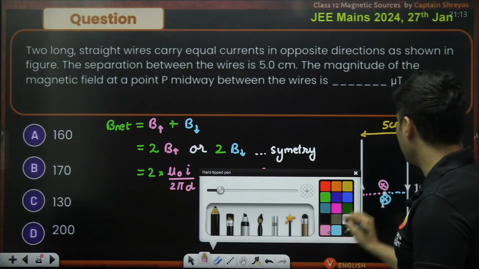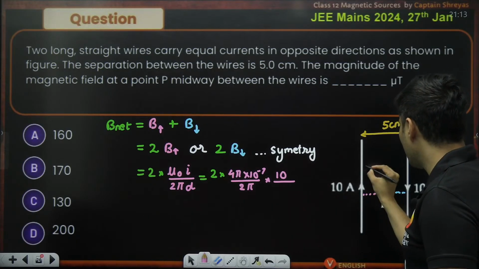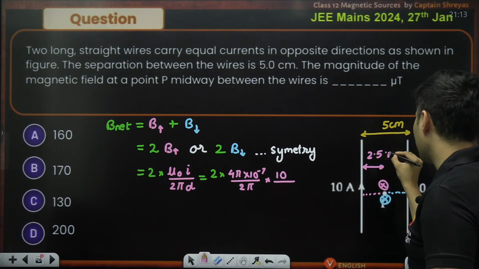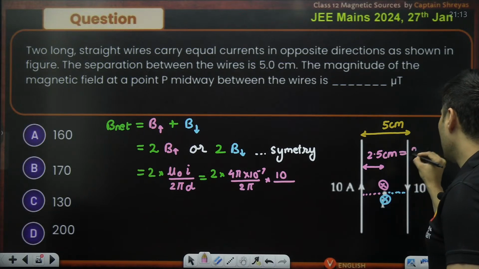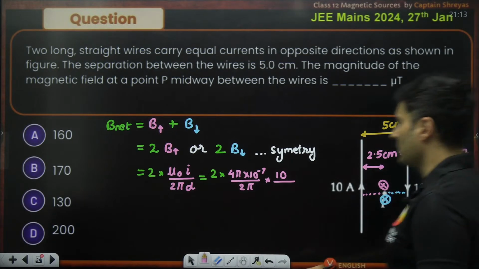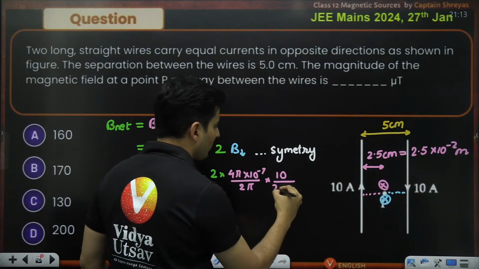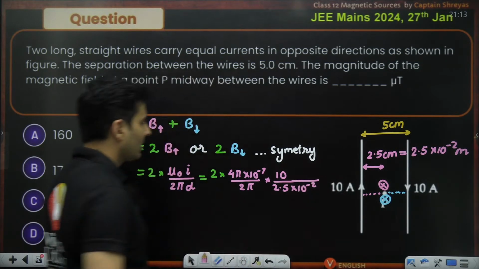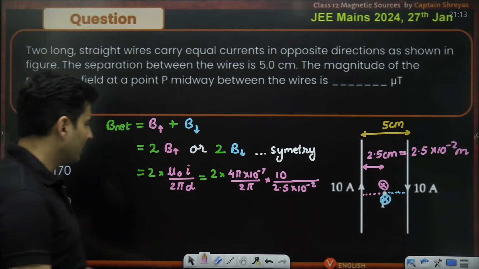So any one distance, like for example this one, will be 2.5 centimeters, which is 2.5 into 10 to the power negative 2 meters. So I will just put that 2.5 into 10 to the power minus 2. That's it.